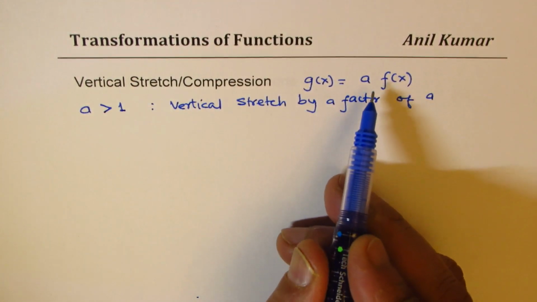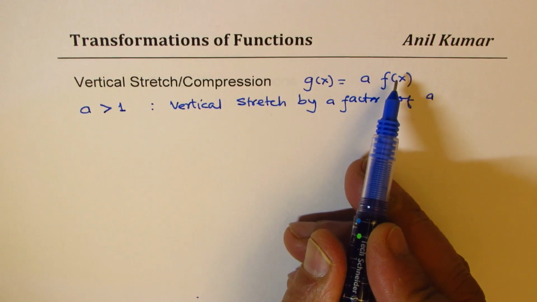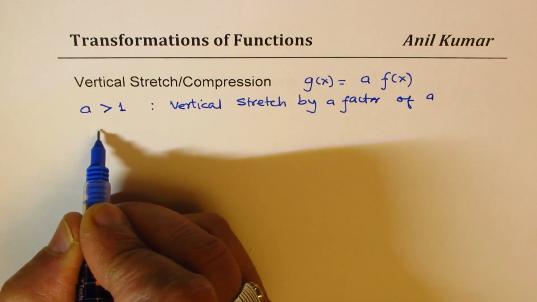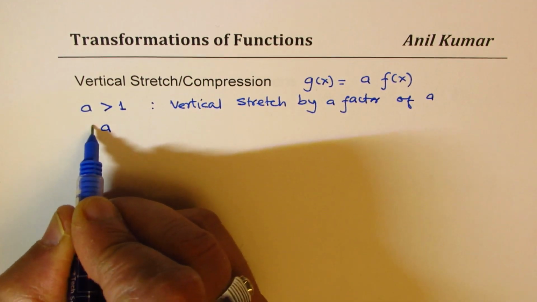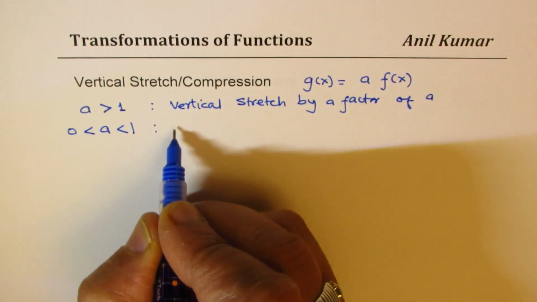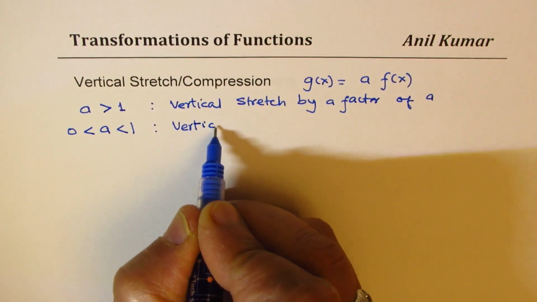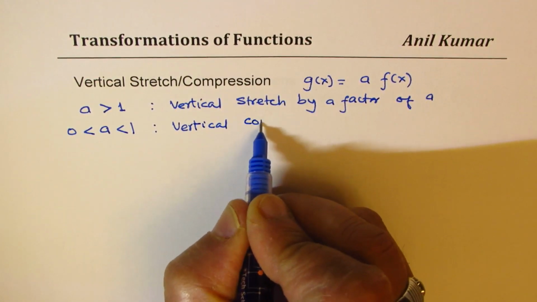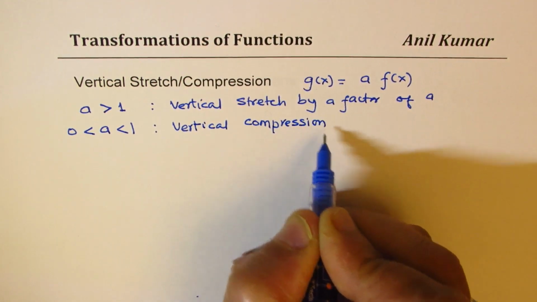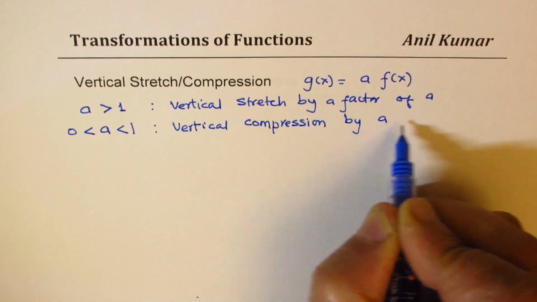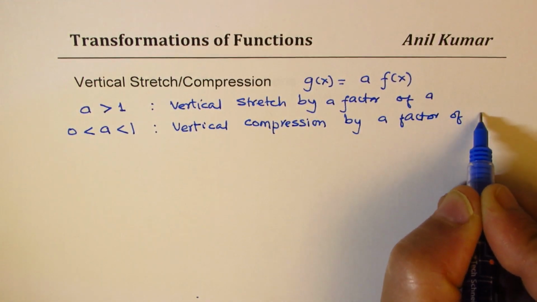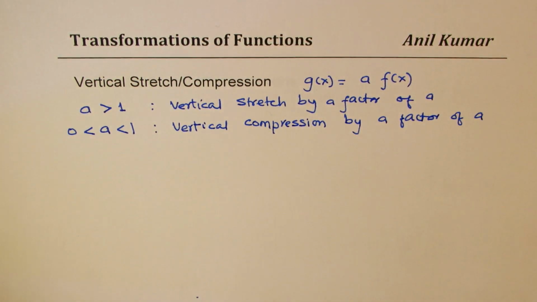That means all y values will get multiplied by a. If the value of a is between 0 and 1, in that case, it will be a vertical compression by a factor of a, right? So that's the meaning.